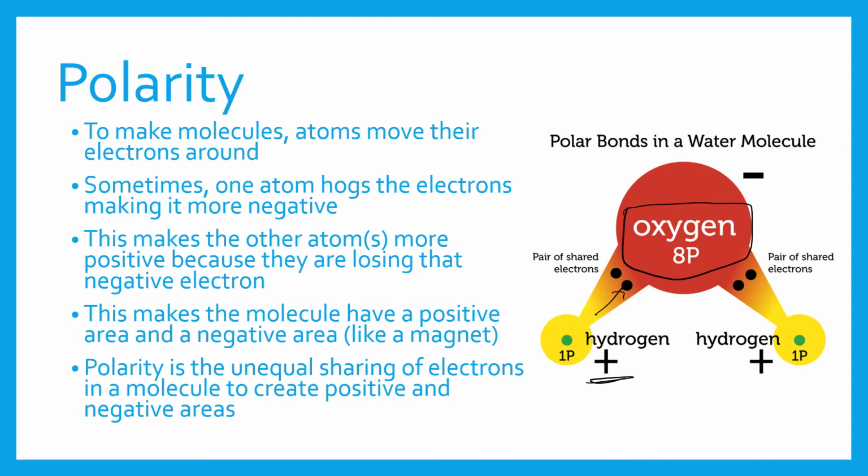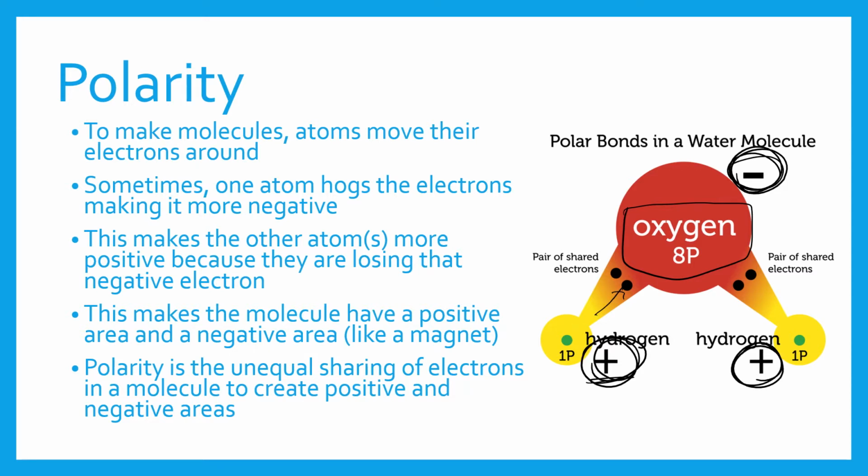Remember that the center, the nucleus of the atom, has protons and neutrons, and those protons are positive. The neutrons are neutral. They don't have a charge. So if I'm losing my little electron, I'm going to be left with just my positive charge in my nucleus. So this means the oxygen in water tends to become more negative, and the hydrogens in water tend to become more positive.